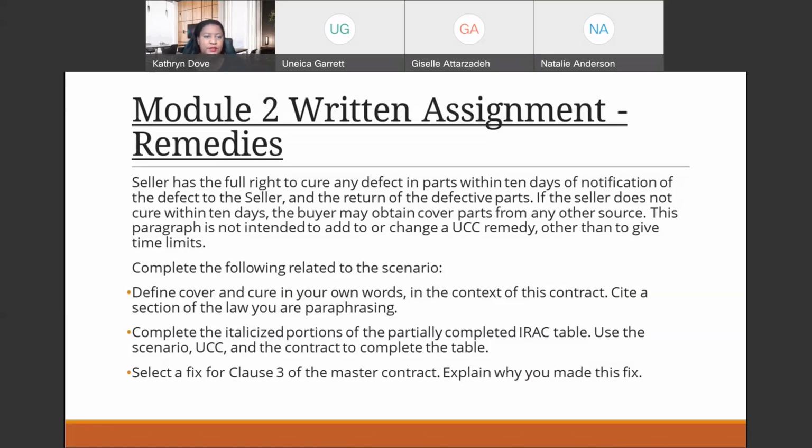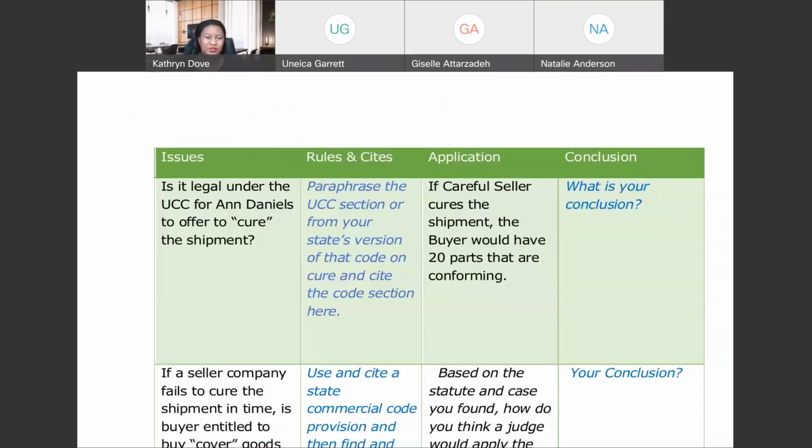So let's look at this second part. Let's look at the partially completed IRAC table. So you will need to fill out the IRAC table for this assignment. And here's the IRAC table. First issue: is it legal under the UCC for Ann Daniels to offer to cure shipment? And then you need to find the rule. So you have to fill in the italicized portion in blue.